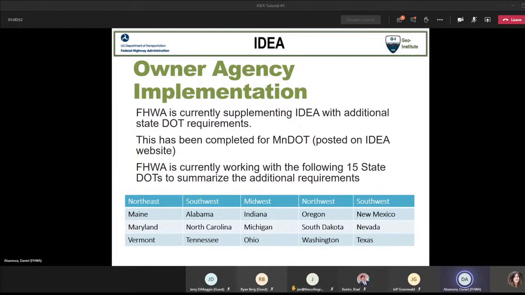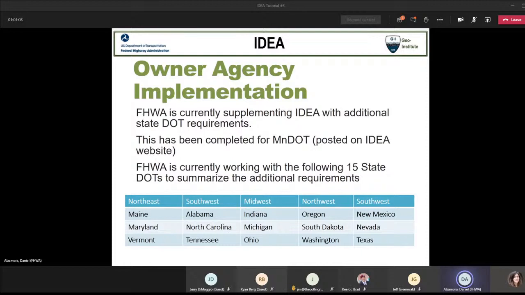So we've put together these protocols, but we recognize that there is some additional information that a given state might need, but may not be needed in another state.